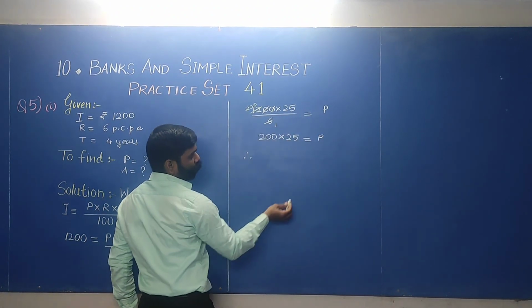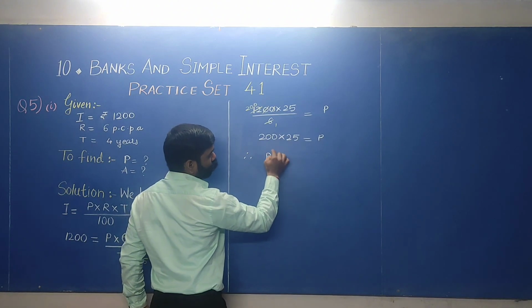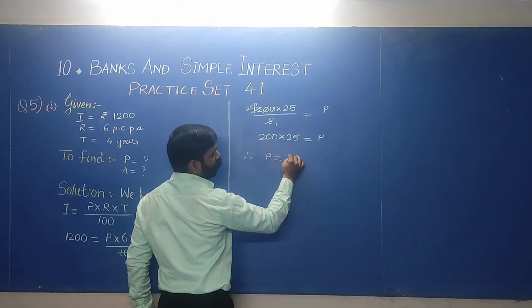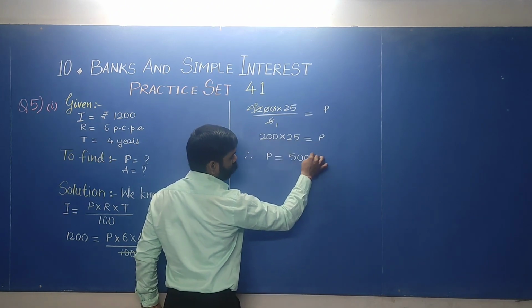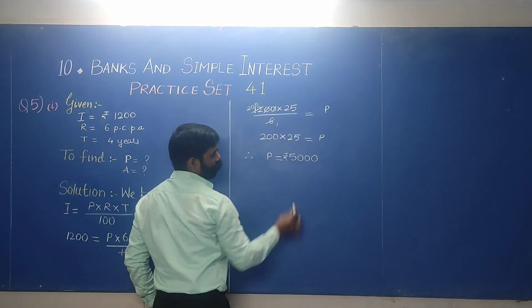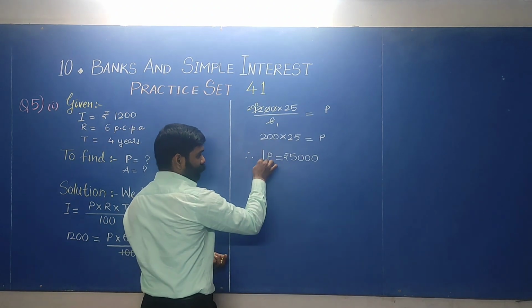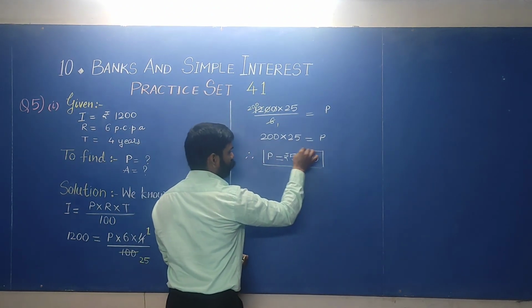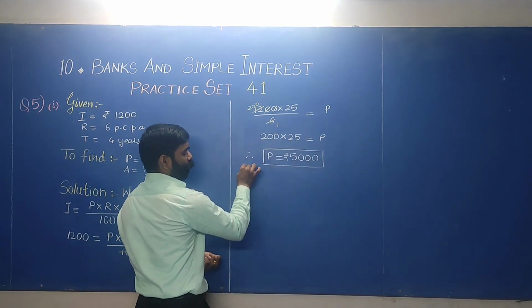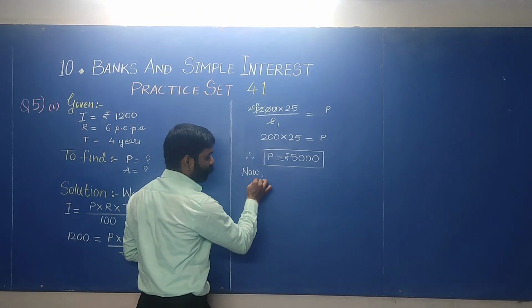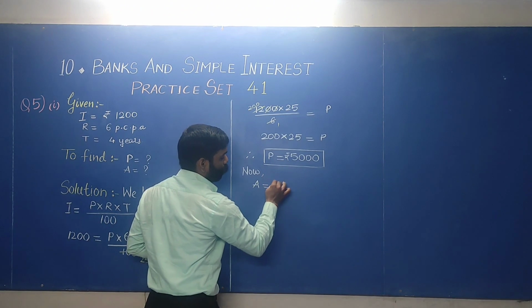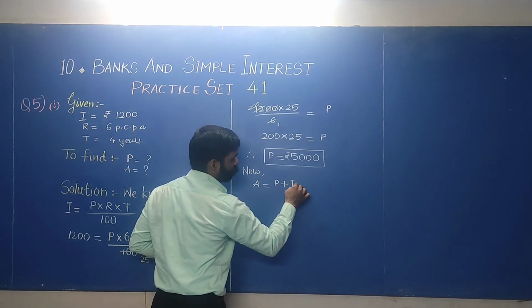So therefore principal is equals to 25 twos are 50 and 1 2, 2 zeros are remaining. So we will write that 2 zeros. Okay, we are getting principal as 5000. Now as we know the formula for amount, we will write the value for amount as well. A is equals to principal plus interest.